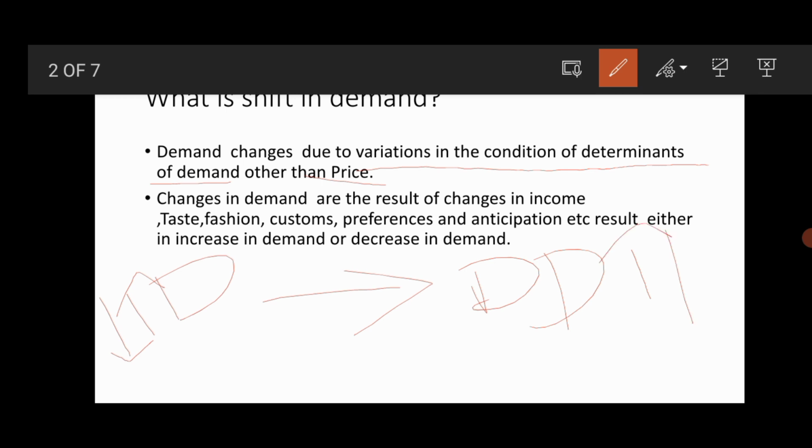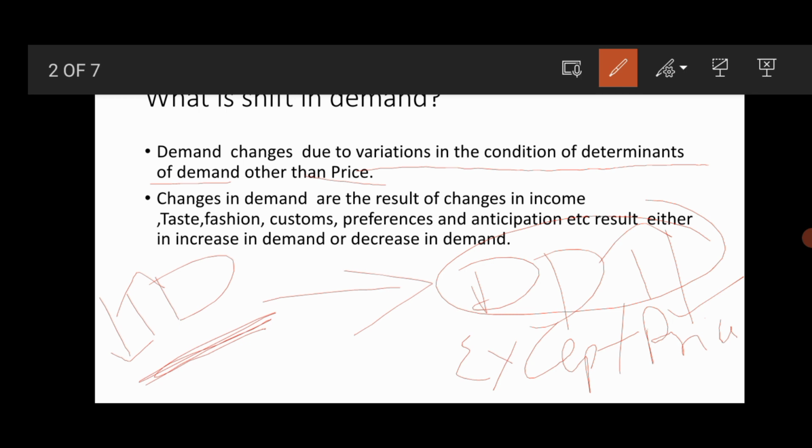All determinants of demand are included here except price. If demand increases or decreases because of change in the determinants of demand other than price, then we are calling it shift in demand.